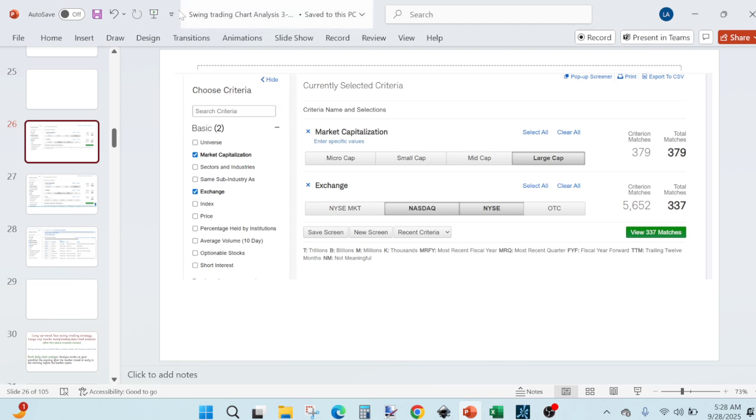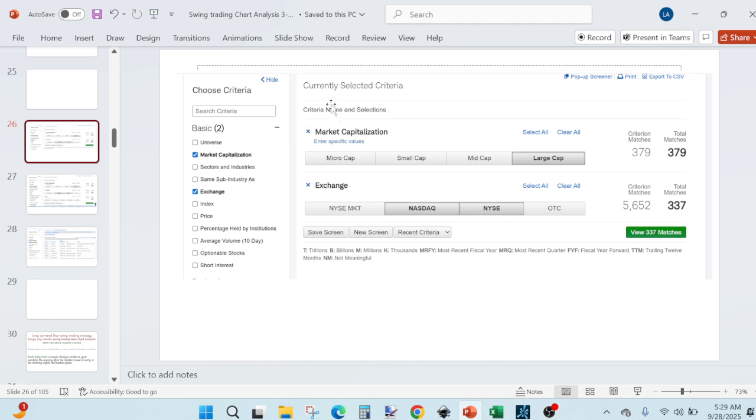under Charles Schwab in the top bar, you'll click on search or research, and underneath that you will click on US stocks, and you will click on stock screeners.